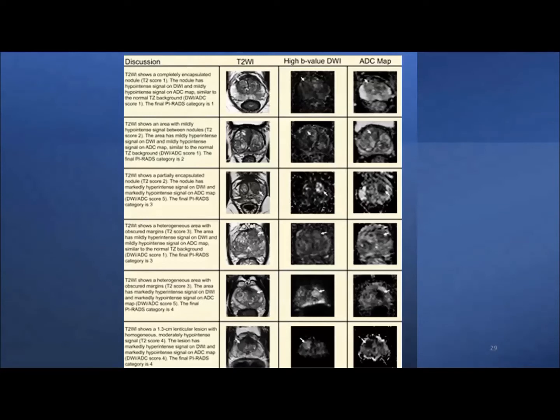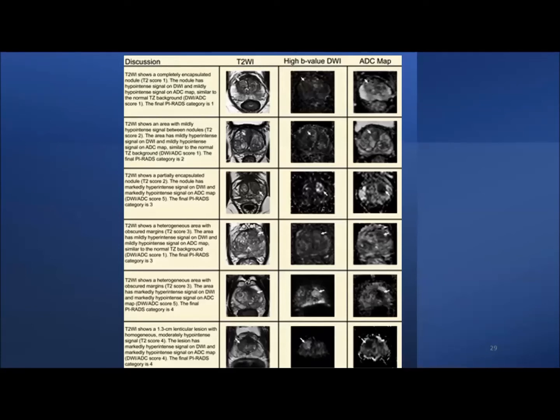And like I said, for characterizing lesions which are in the gray zone, especially category 3, like I described for the peripheral zone, we have to rely on the dynamic contrast enhanced sequence. If the contrast enhancement is focal and intense, then we will add one more score to the category.